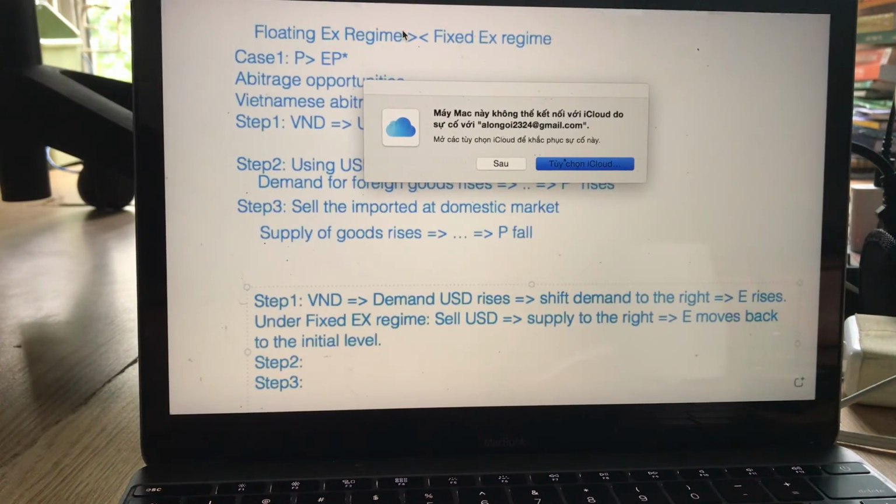But under the fixed exchange rate regime, because the exchange rate is fixed, we only allow the price of commodity to move, and usually the movement of the commodity price is lower and slower than the movement in the exchange rate. So the law of one price under the floating regime can be achieved faster and more easily.